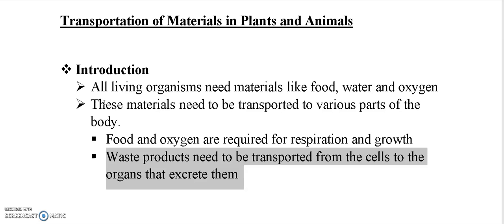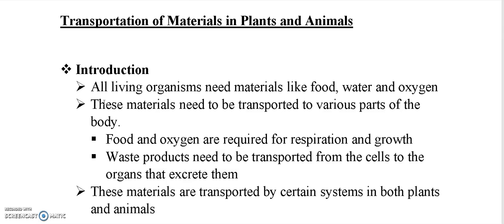And which are these materials? Food, water, oxygen, and carbon dioxide. These materials are transported by certain systems in both plants and animals, by which all these materials are transported in the body.